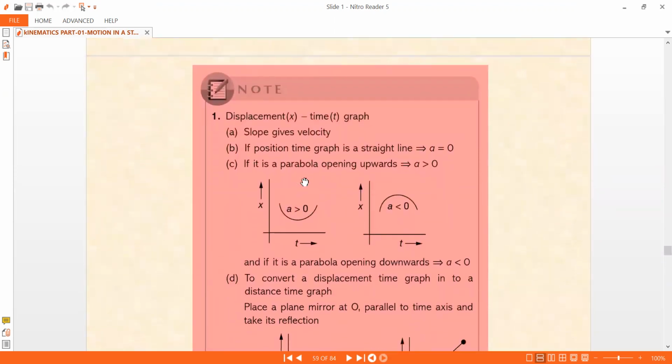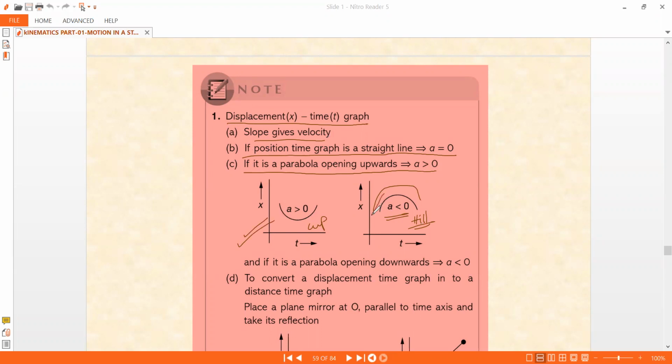Now you can make a note here. Displacement x versus time graph: slope gives velocity. If the position time graph is a straight line, a is equal to 0. If it is a parabola opening upwards, a is greater than 0. That is this case: parabola opening upwards, that's a cup. And when you see a bump like this, that's a hill, I call it, so that is a less than 0.